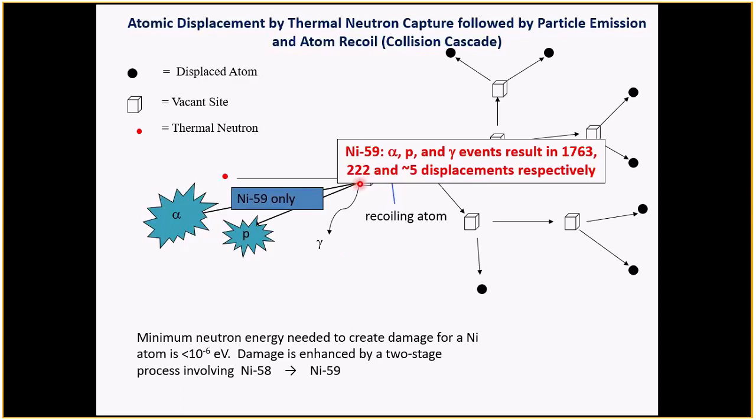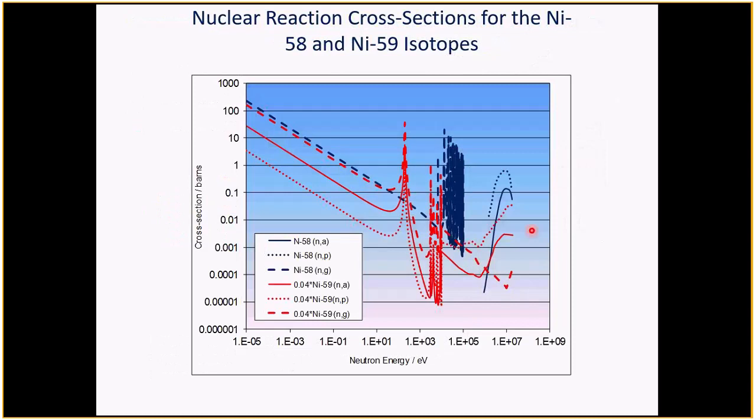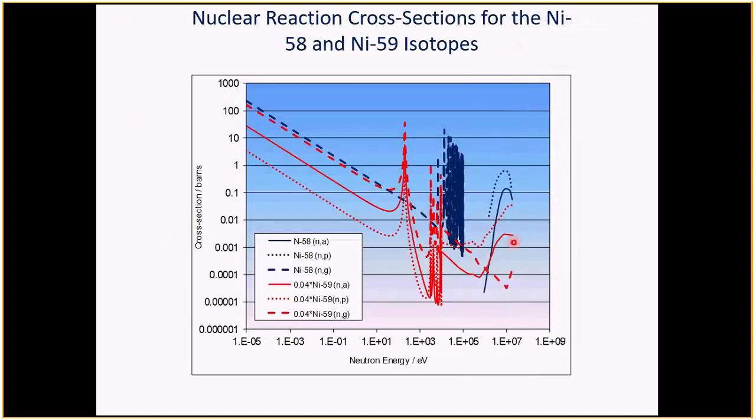It would be absorbed, and that absorption will create nickel 59, but the nickel 59 itself will spontaneously emit an alpha particle.